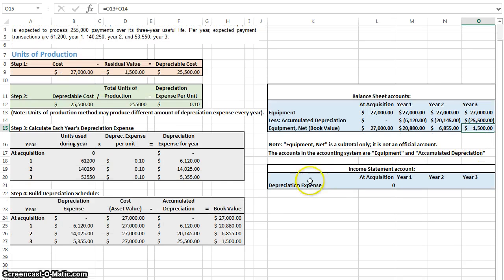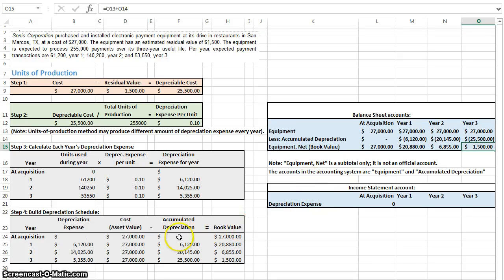And if you saw the last video, what do you notice here? Accumulated depreciation of $25,500 equals depreciable cost. Book value equals residual value after the third year. And look at my balance sheet, same thing. Equipment, $27,000 minus accumulated depreciation $25,500, which is the depreciable cost, equals residual value of $1,500.